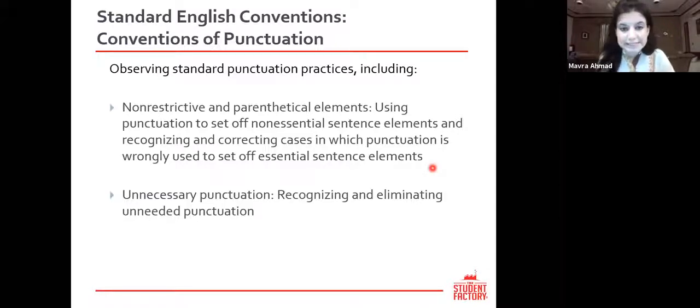Restrictive is basically essential. So we are going to look at some example sentences in the next few seconds.